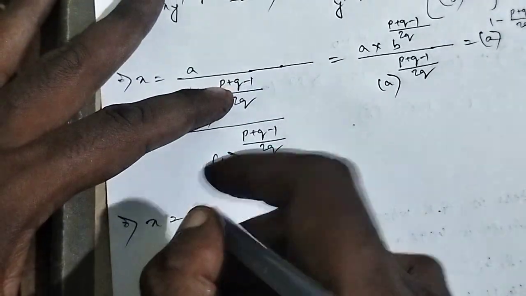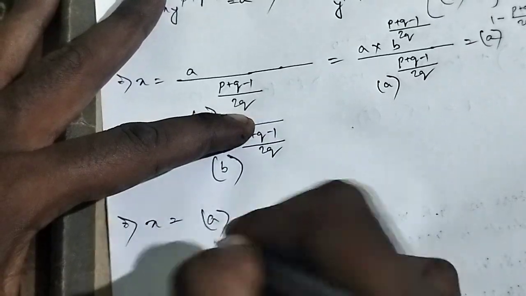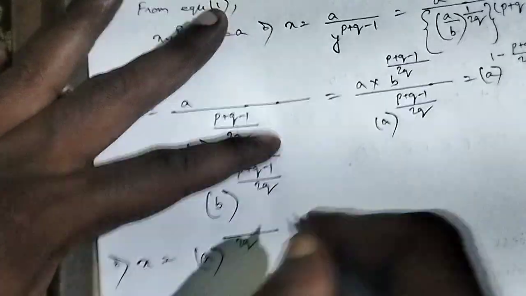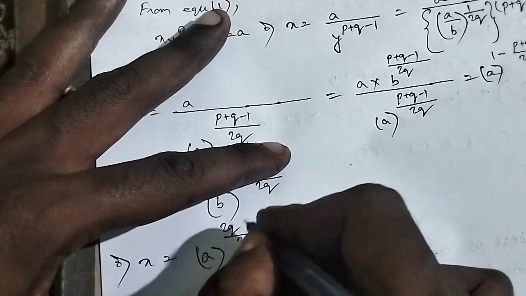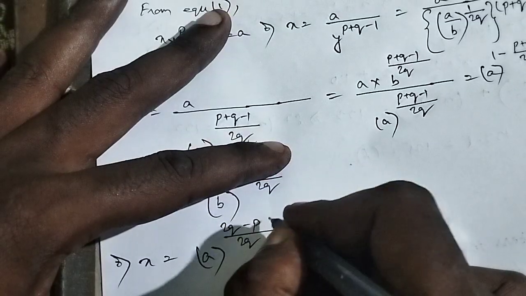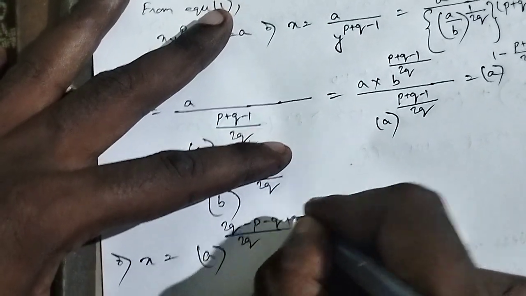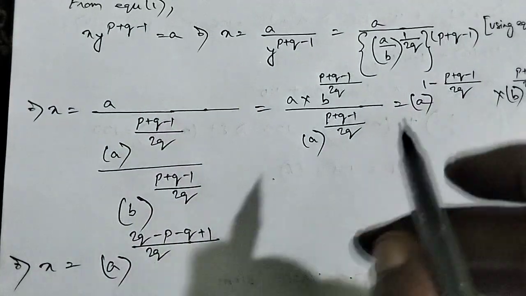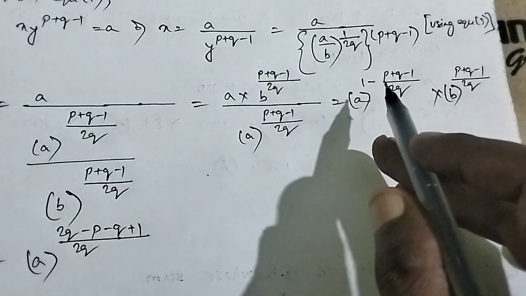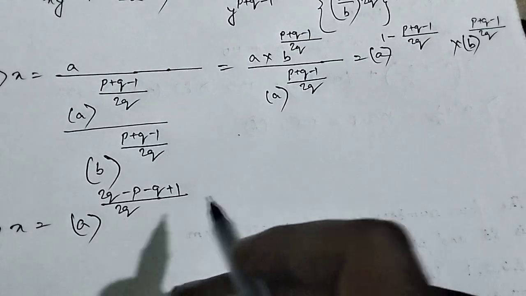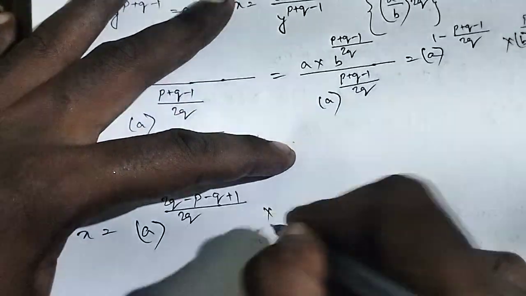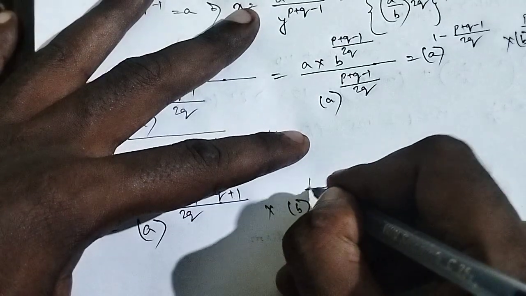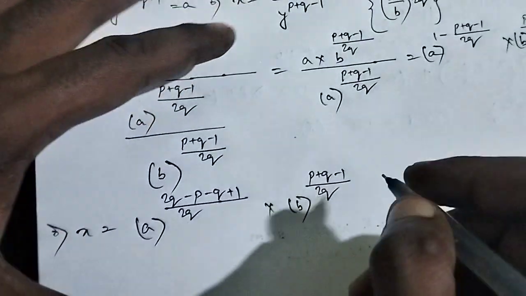x is equal to a to the power, LCM would be 2q, minus p minus q plus 1. Okay, 2q minus p minus q plus 1. Okay, into b to the power p plus q minus 1 over 2q.